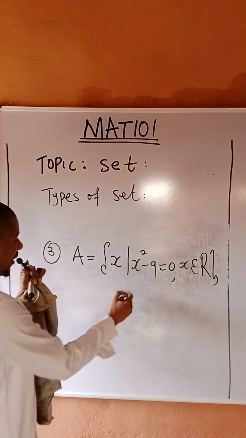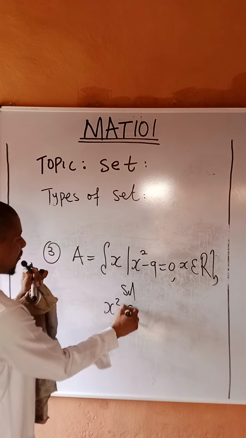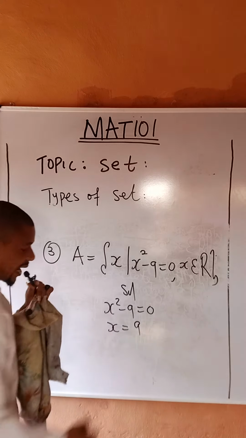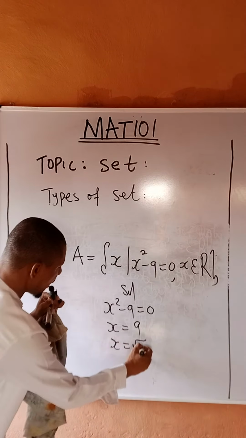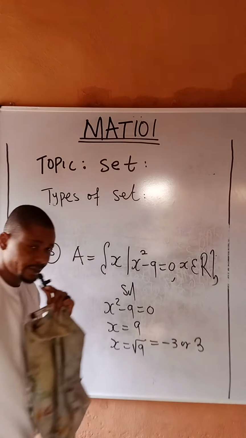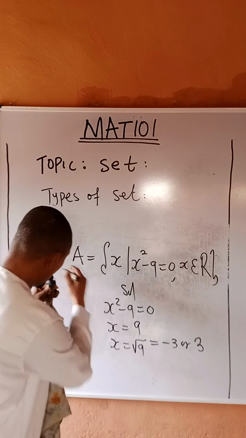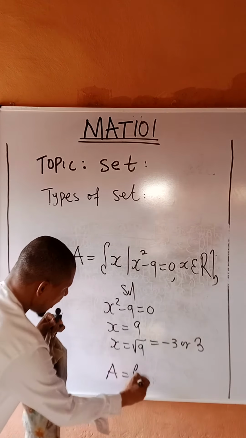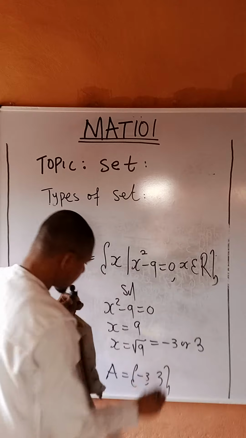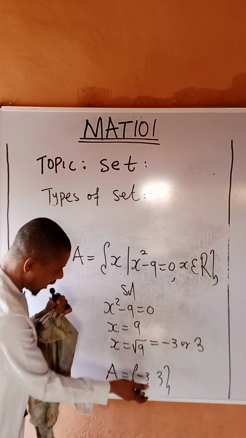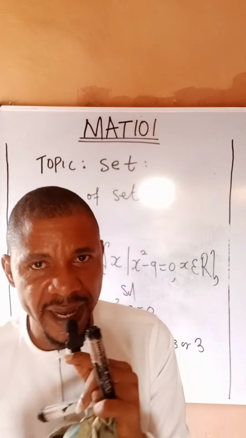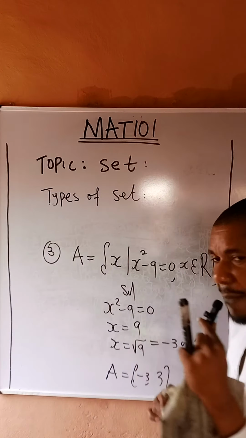Because I can comfortably solve this to have that x squared minus 9 is equal to 0, which means x squared is 9, and x is the square root of 9, which gives minus 3 or 3. So the set A has the elements minus 3 and 3. It is countable, so this is also an example of a finite set.